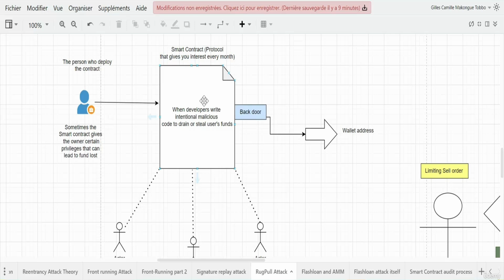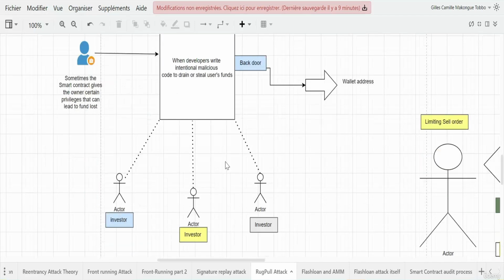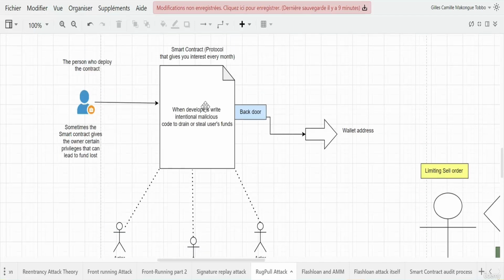Why are you sending this money? Why does this address have some privileges? Because it is actually people's funds. So it's really important to understand which address can move all the funds from the protocol and which address cannot.